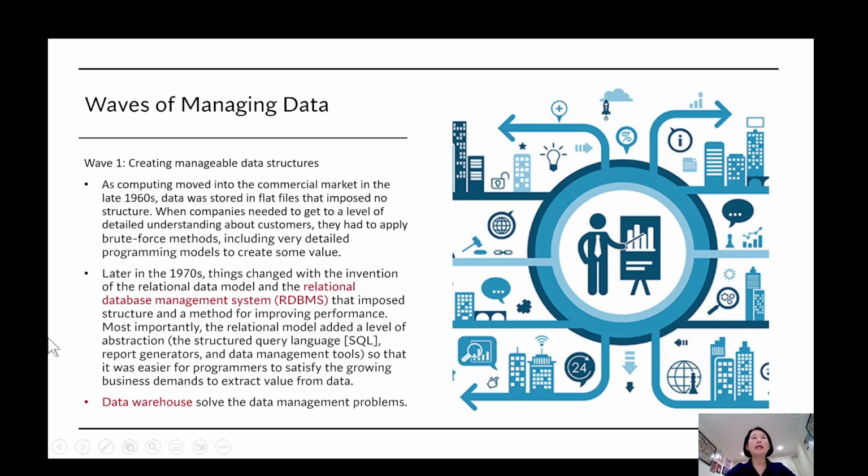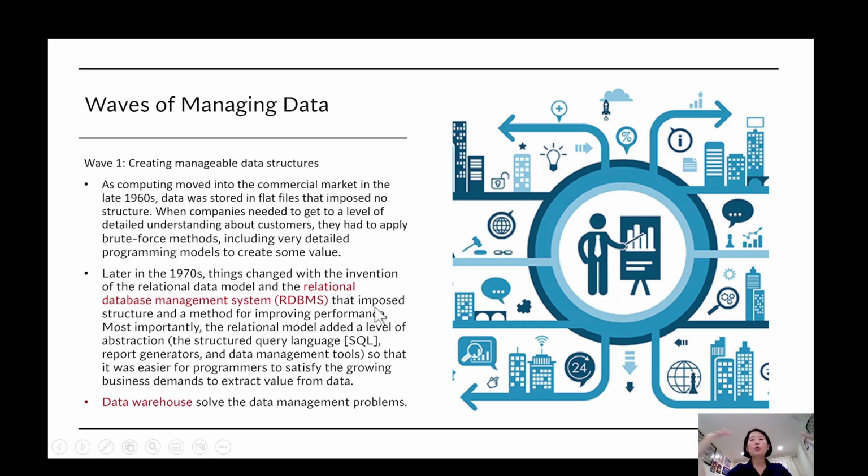Waves of managing data. The first wave was creating manageable data structures. In the late 1960s, data was stored in flat files like Word or Excel files that imposed no structure at all. Then in the 1970s, things changed with the invention of the relational data model and the relational database.